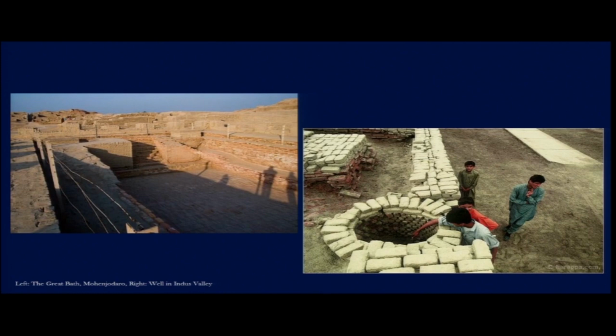And if we see some of the recent practices of making bricks, we find how in this closed kiln the bricks are baked, and the baking can go on for 2-3 days.